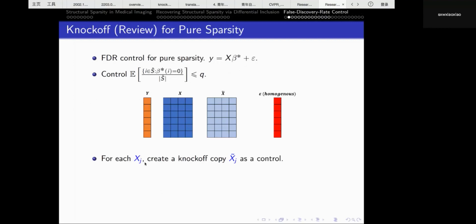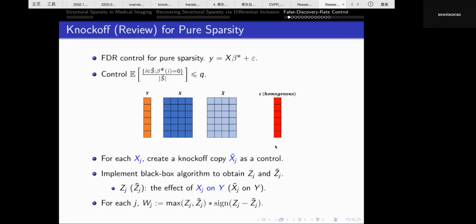For each feature xj, we create a copy called xj tilde as a control, from the noise variable, because the noise variable is homogeneous, and this gives a good property we will mention later. And then we implement the black box algorithm to calculate the Zj and Z tilde j, which respectively measure the effect of xj on the y and xj tilde on the y.